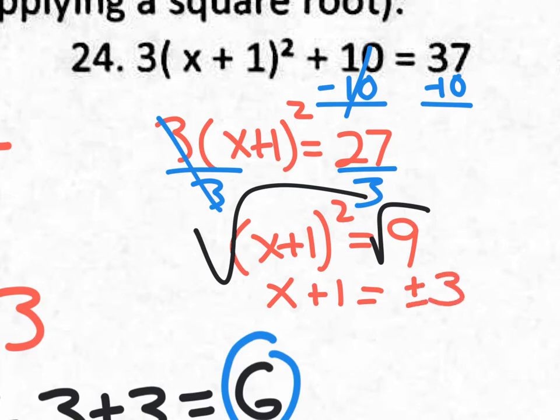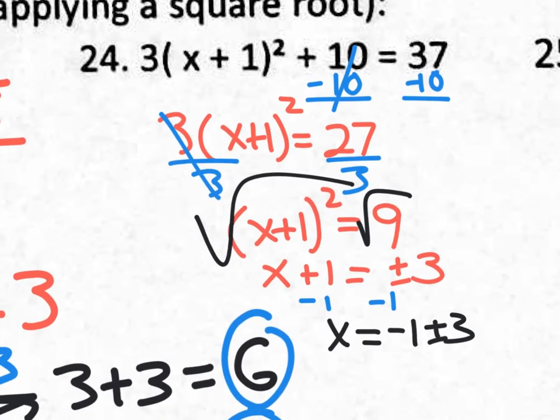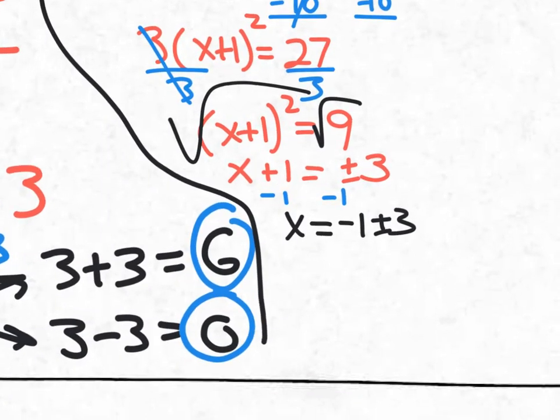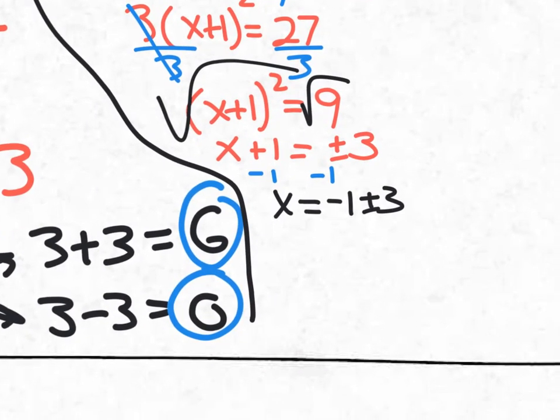Okay? Now we need to subtract 1 and subtract 1. So my final answer will be x equals negative 1 plus or minus 3. Now that could be written as two separate answers, and I'm going to write it as two separate answers. Let me just divide that work right there. Okay, so my two separate answers will be negative 1 plus 3 and also negative 1 minus 3.